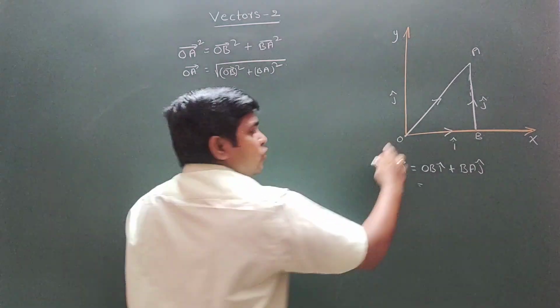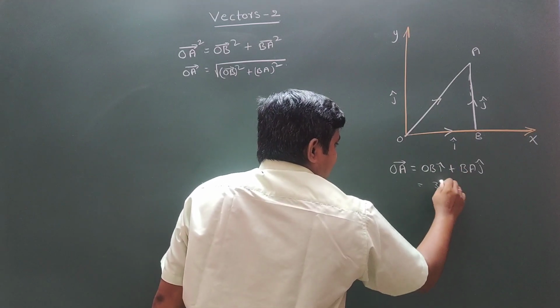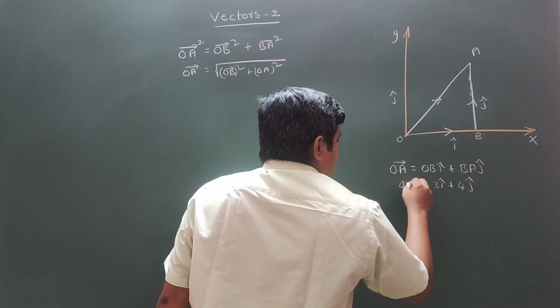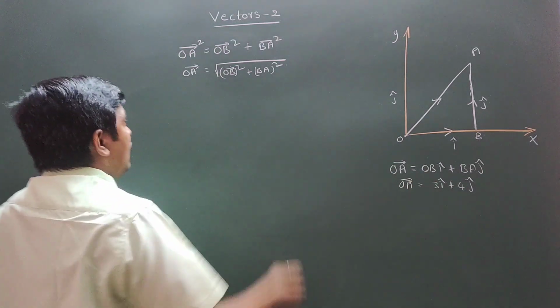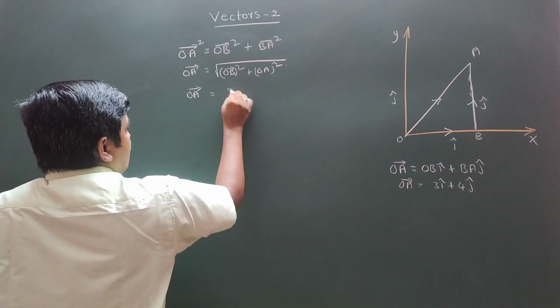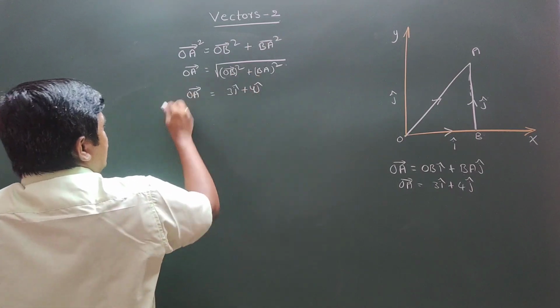Suppose the magnitude OB is taken as 3 i cap, and BA I am taking as 4 j cap. What is going to be OA bar? OA bar equals 3 i cap plus 4 j cap. And what is the magnitude of that?